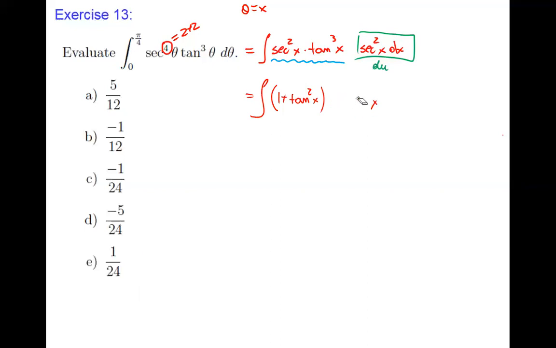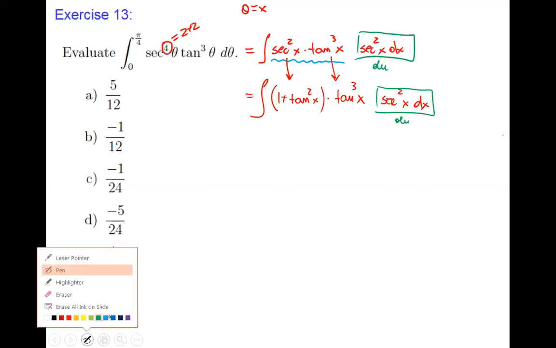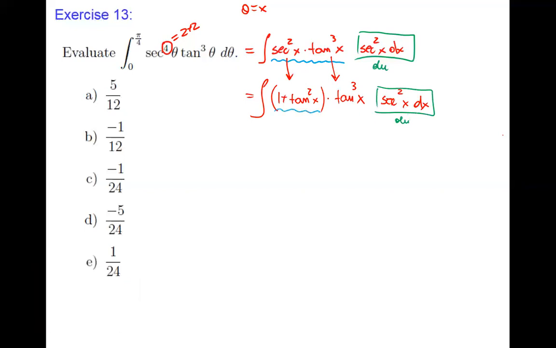Now I forgot something, because this is still tangent. Tangent cube of x. And now I can copy secant square of x dx. Excellent, that's my du. Okay, my entire integrand is in terms of tangent.